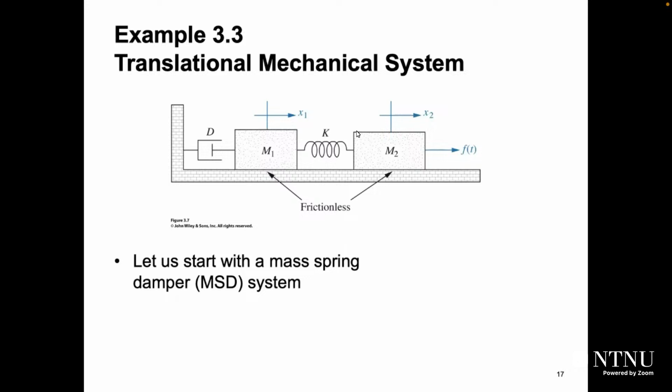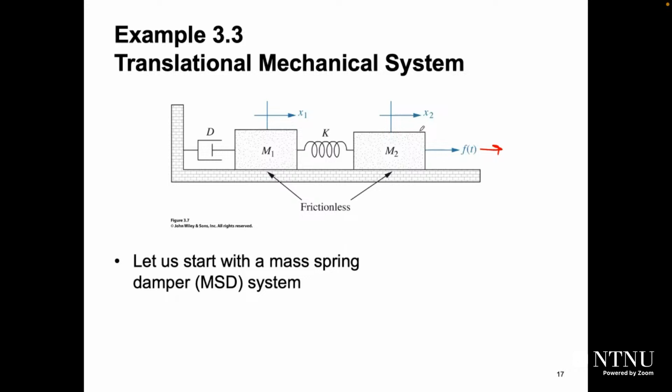First, if you look into the system, we have two masses, M1 and M2, connected to a wall by a damper D, and M2 and M1 are connected to each other by a spring, which has a coefficient K. We will apply a force on M2 to move it to the right-hand side. We have two states here, X1 and X2, where X1 is the displacement of M1, and X2 is the displacement of M2.